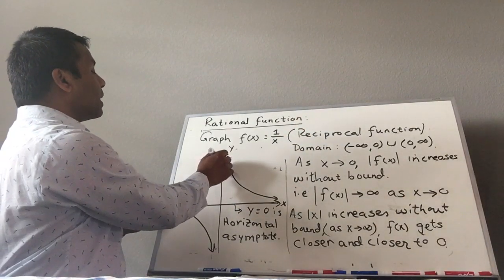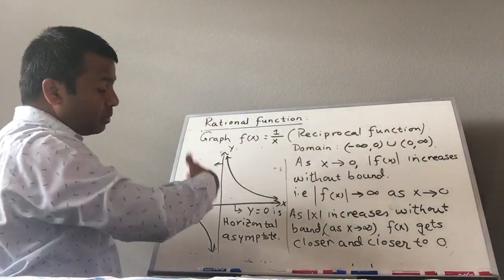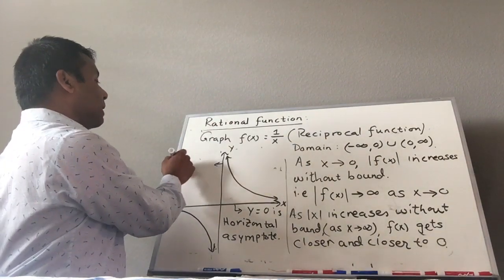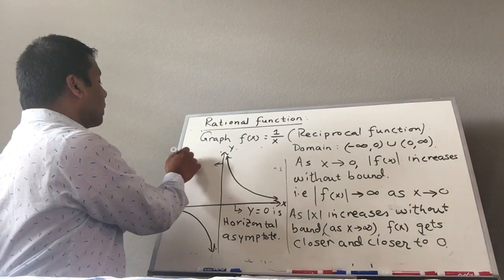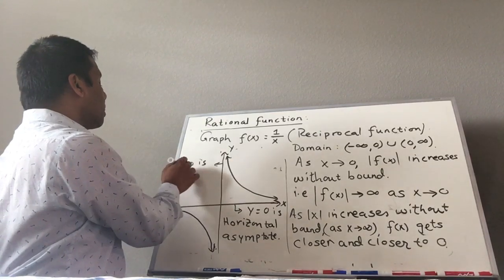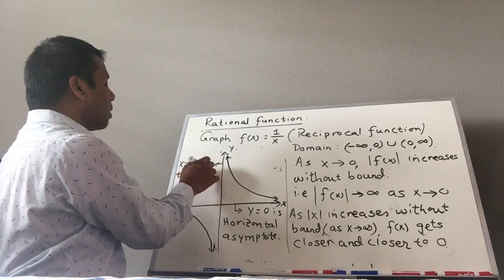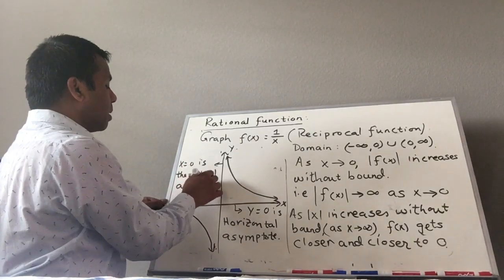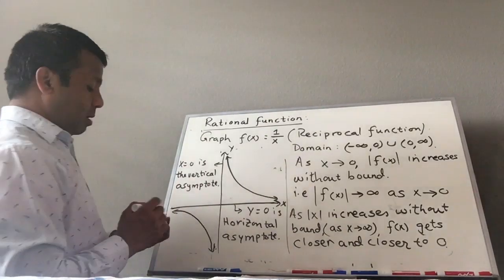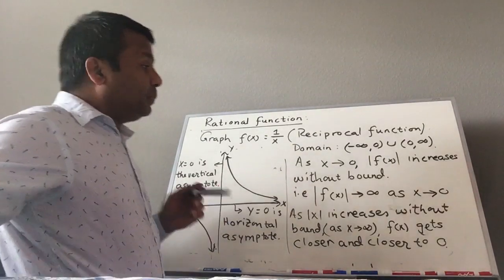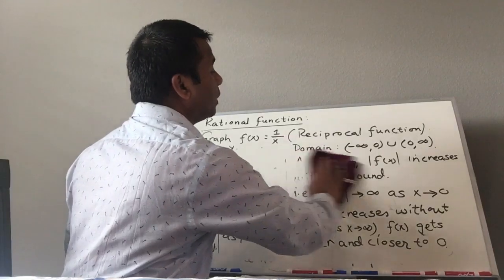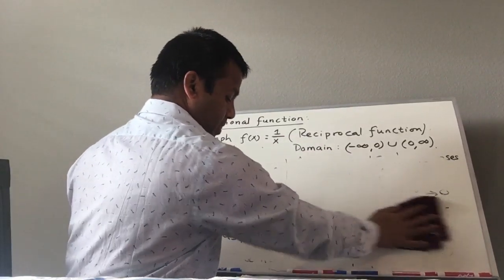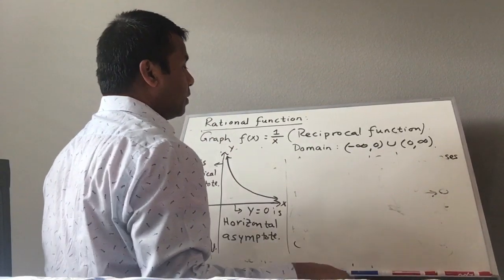So we can say this y-axis, which is the vertical line whose equation is x equal to 0, is the vertical asymptote.